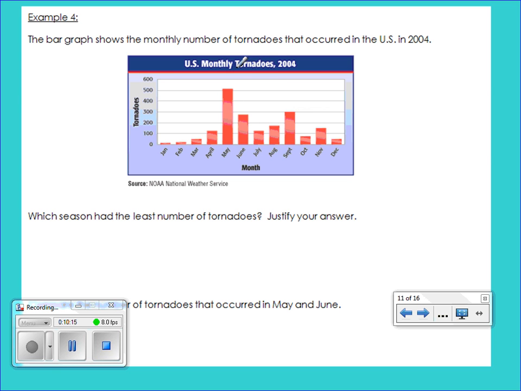Number of monthly tornadoes that occurred in the U.S. So we're comparing different months here. So we're going to have a bar graph with spaces, looking at January through December. And on the left side of our graph is tornadoes. So that's what we're comparing, tornadoes between the different months. So the common item goes on the left.